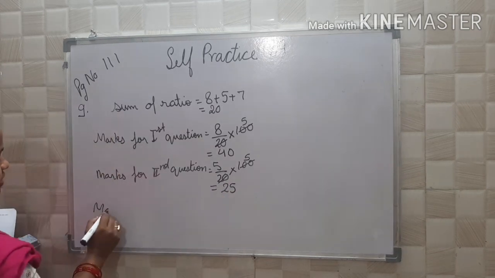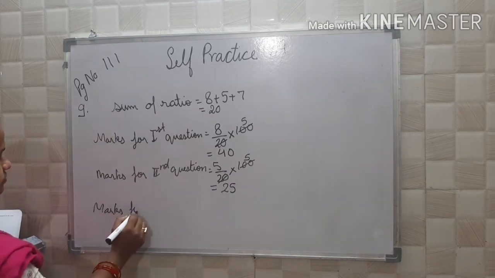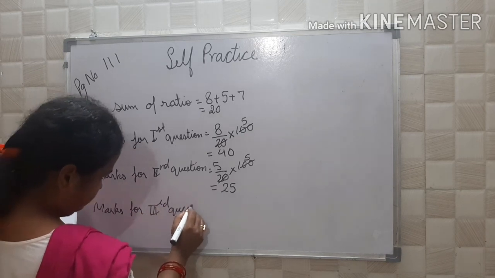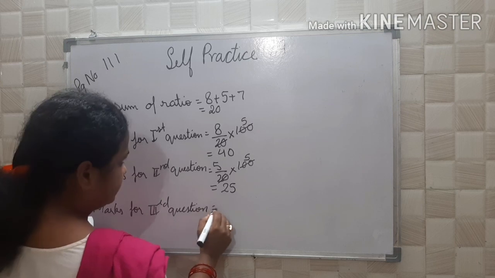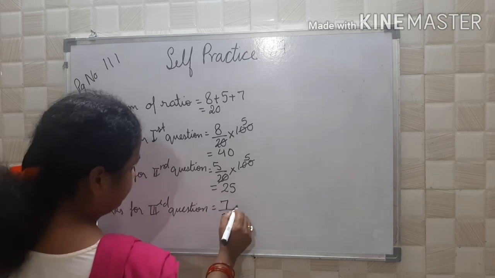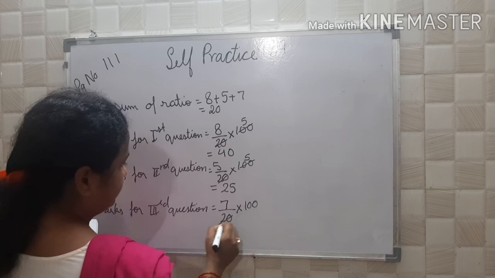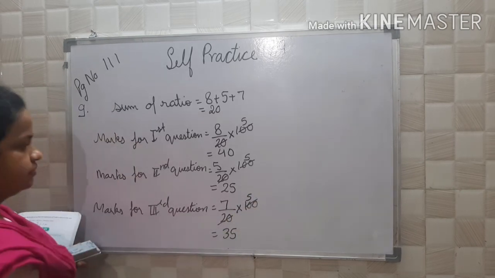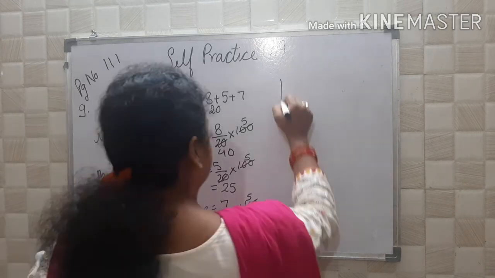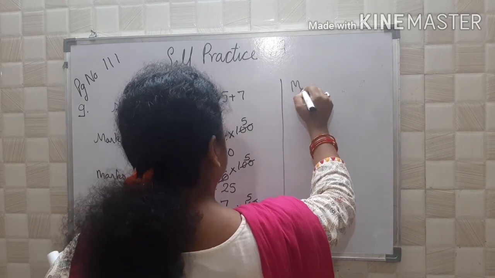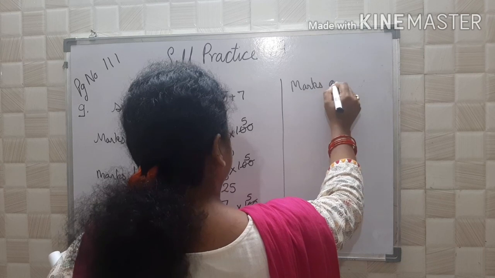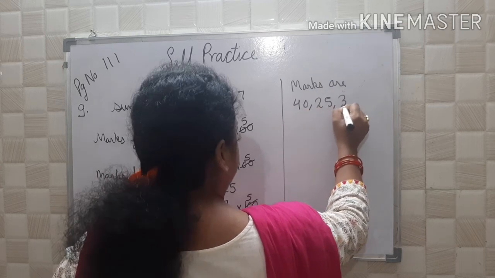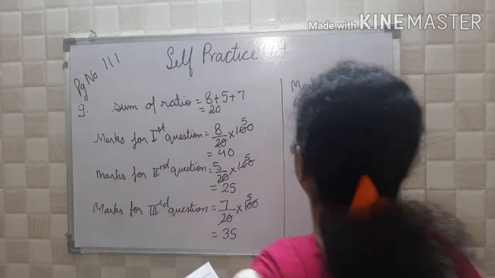And marks for third question, 7 upon 20 into 100, 7 5s are 35. Okay. So what are the marks of the questions? Marks are 40, 25 and 35. Okay.